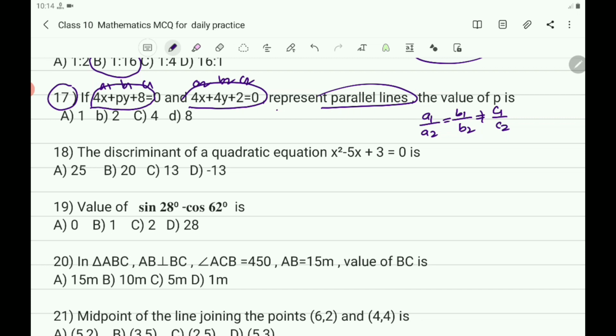Then A1 is 4, A2 is 4, equals B1 is p, B2 is 4. Then p equals 4 into 4 divided by 4, so you will get 4. What is the answer here? Option C is the answer.